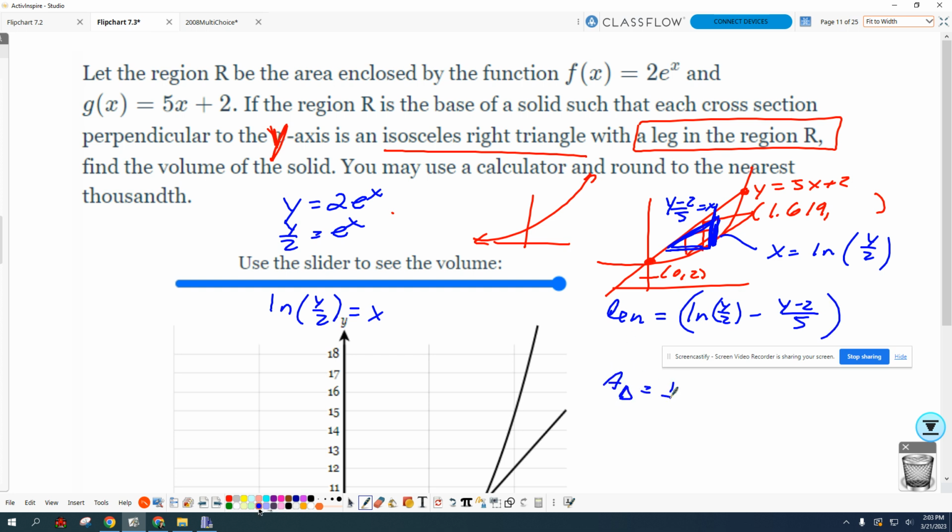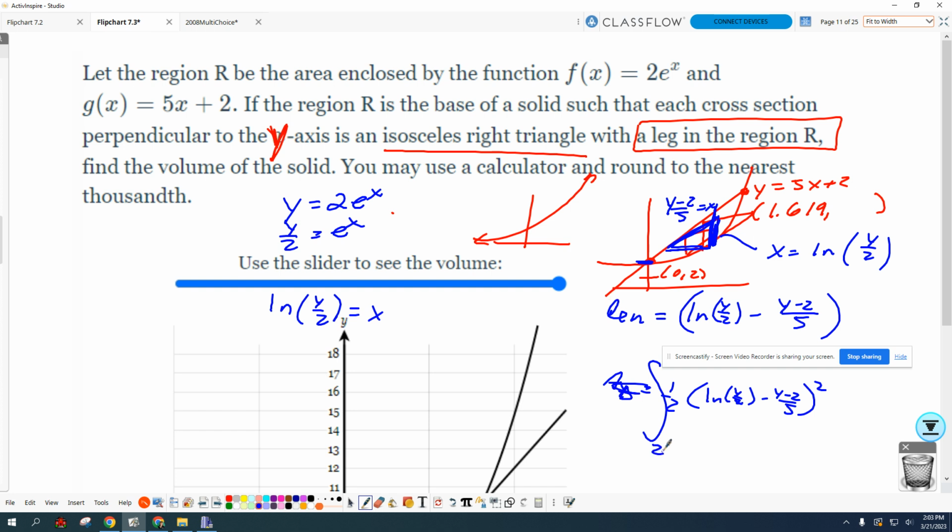Area of the triangle is 1/2 that stuff squared. Okay. Did you need to do it with respect to y? Mm-hmm. So you need to find the intersection. So that's my area, and I'm integrating with respect to y. What's the bottom y value here? 2.